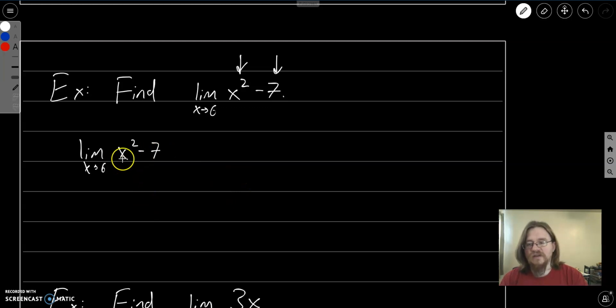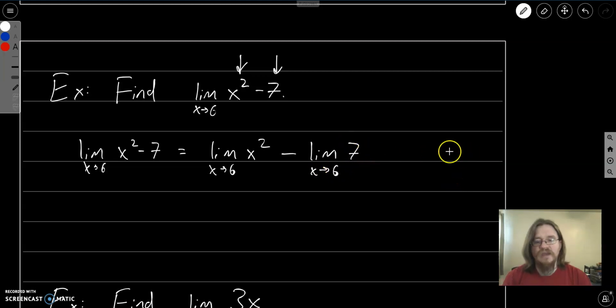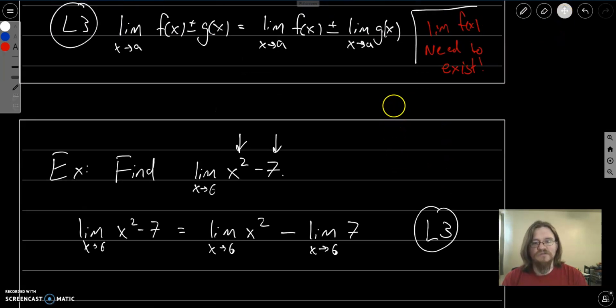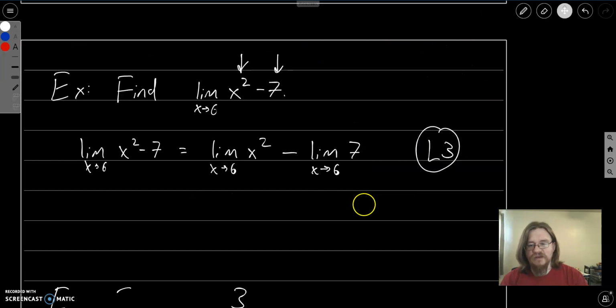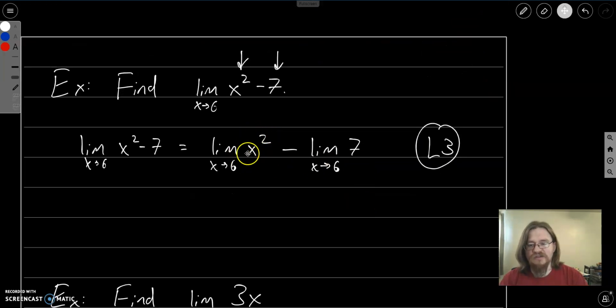Well, provided that the limit of x squared exists and the limit of 7 exists, this is just going to be the limit as x approaches 6 of x squared minus the limit as x approaches 6 of 7. And this was this last property that we saw. This was because we can subtract the limits. Cool. So now we just need to show what the limit of x squared is and what the limit of 7 is.